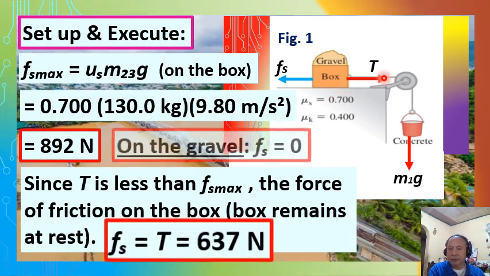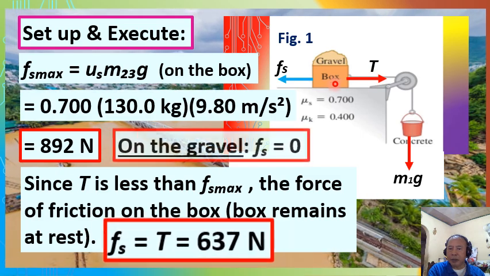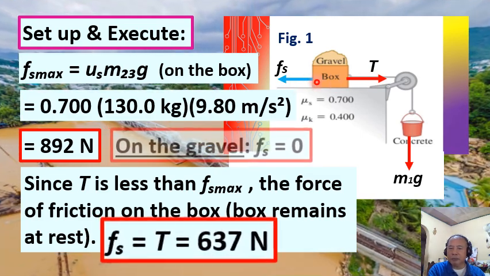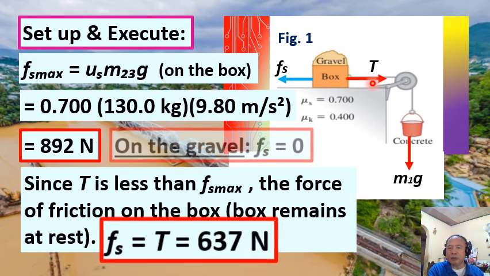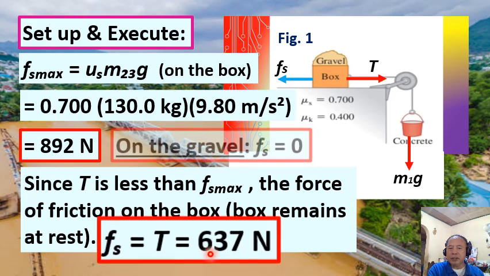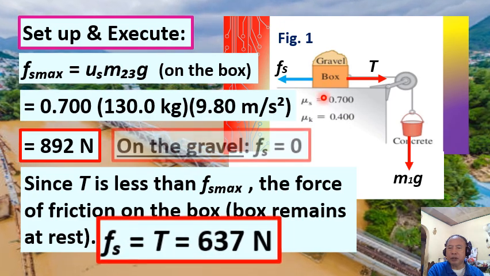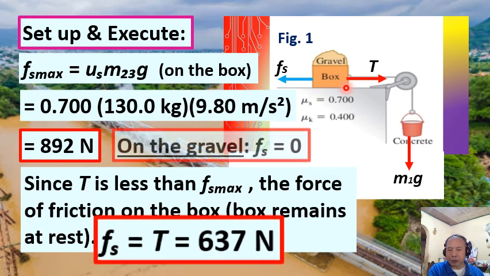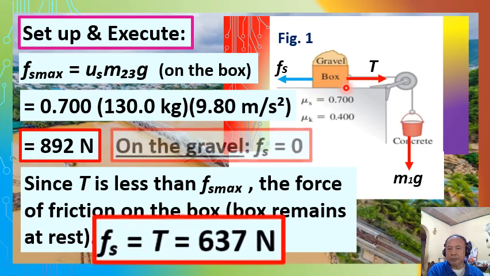It's only exerted on the box, and the static friction that opposes this tension force, Fs, equal to 637 newtons, is only exerted on the box, right?